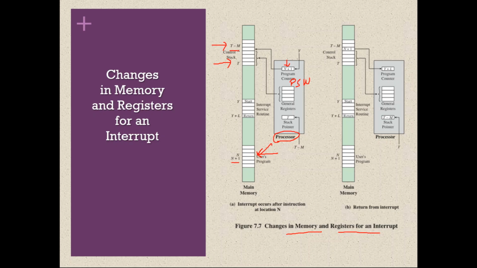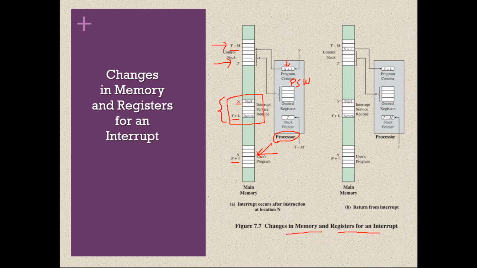Now there is an interrupt. Whenever there is an interrupt, what should be executed? The interrupt service routine should be executed. Let us say the interrupt service routine is available at this part of memory, starting with address y to y plus l. The starting address of the interrupt service routine is y, and the ending address is y plus l. Now this should be executed.